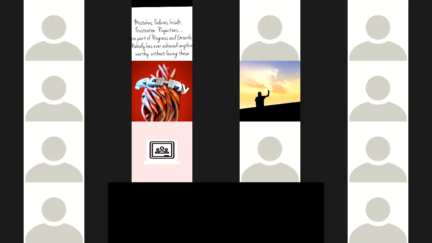This is a 5-mark question. You have to give points according to 5 marks. Then, describe in brief the reactions of the people immediately after the Jallianwala Bagh incident. Written?